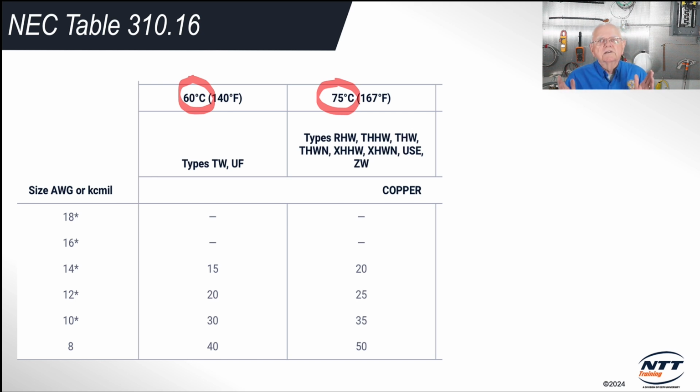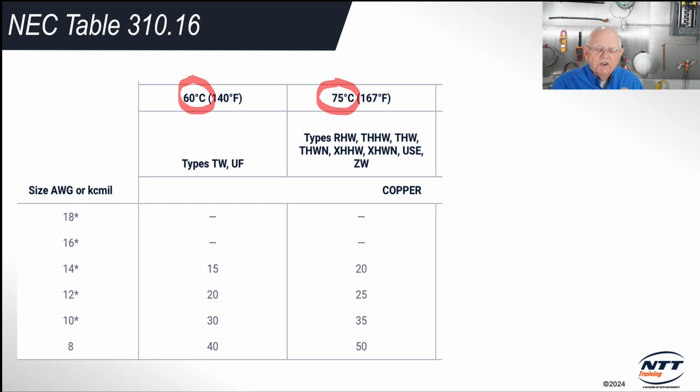Most modern air conditioning equipment, it's your responsibility to figure out which column you're going to use. A lot of our modern units use 75°C terminals. So I might be able to use 75°C wire. If not, I'm going to use 60°C wire. I also have a disconnect switch in there. What are those terminals rated for? Anyway, that's your job to figure that out, right? Figure out the ratings of those terminals.